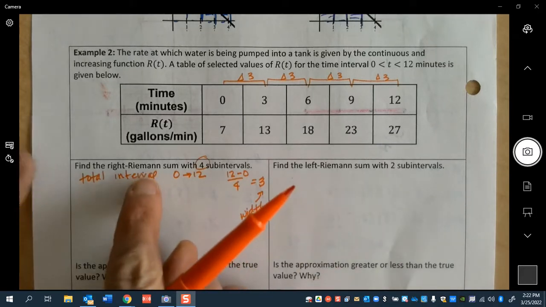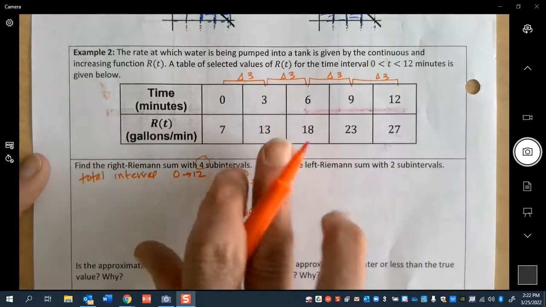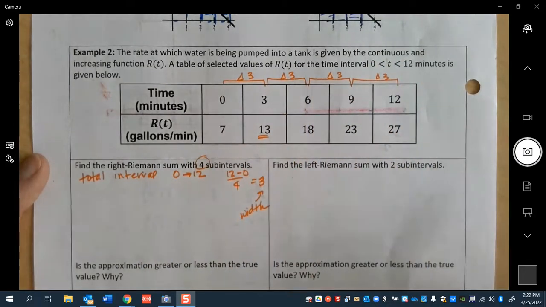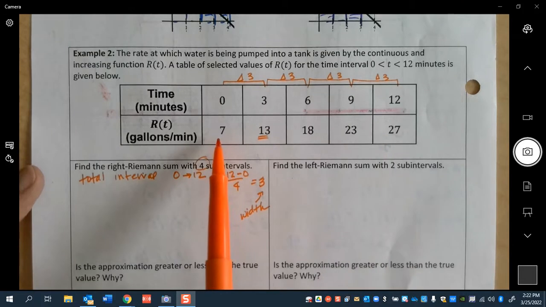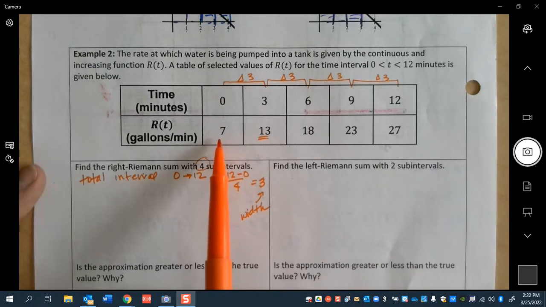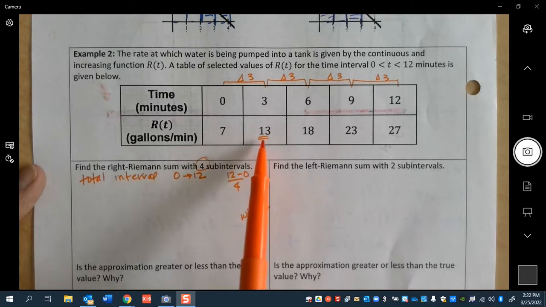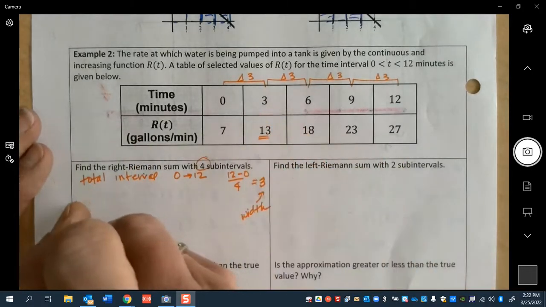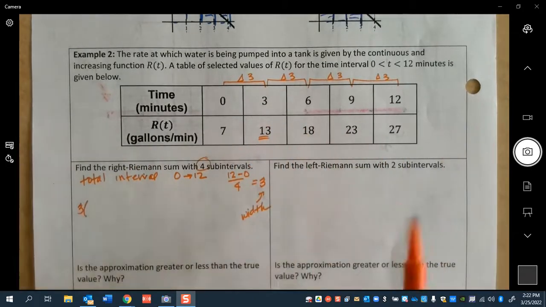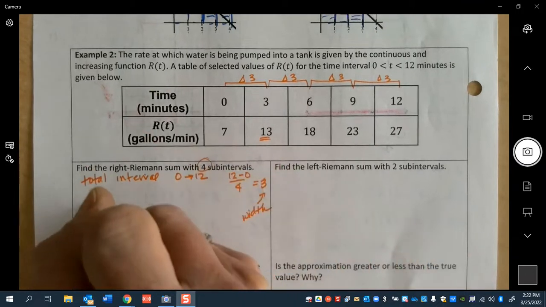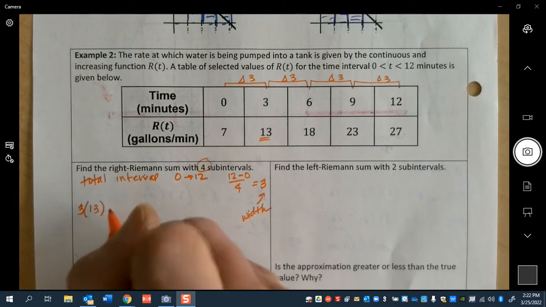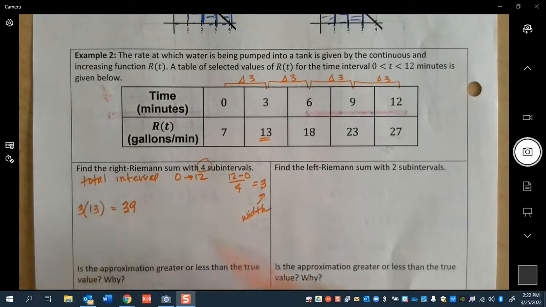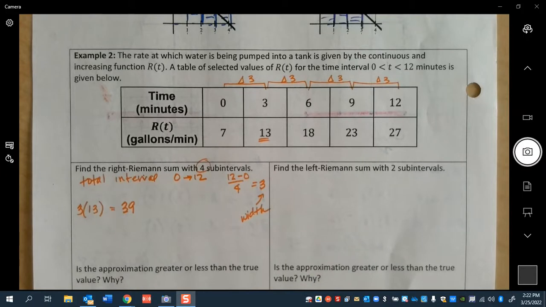So if I'm doing a right-hand sum, I'm going to care about the right-hand part of each interval. From an output of 7 gallons per minute to 13 gallons per minute, I want the 13. So my first calculation is going to be this width of 3 times this 13, which is my first height, and that gives me a total of 39 gallons.